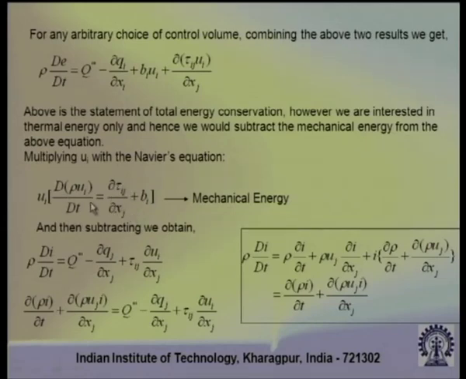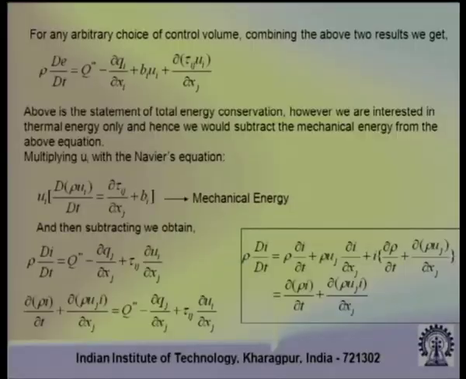If you take a dot product of this Navier's equation with the velocity, that will give the mechanical energy, because if you consider u du/dt, this is d/dt of u squared by 2, where the kinetic energy comes from. Similarly, the potential energy will also come out from the conservative forces which appear in the mechanical energy equation.